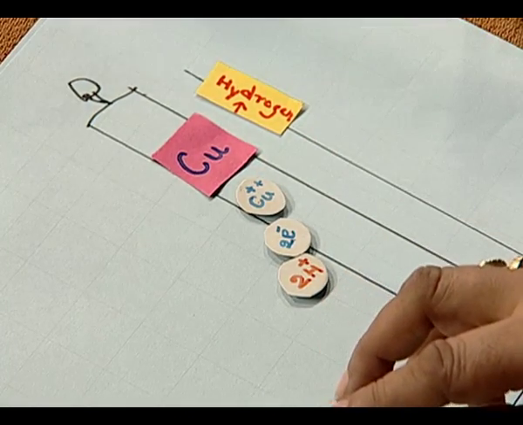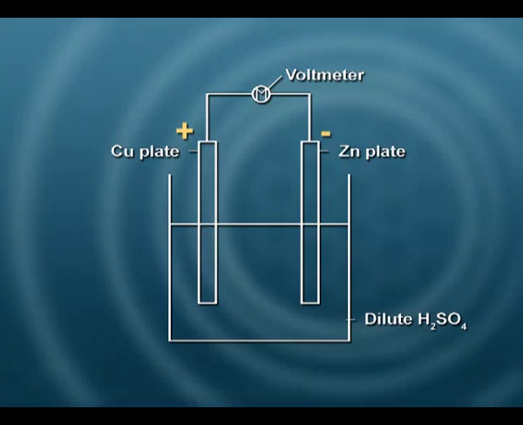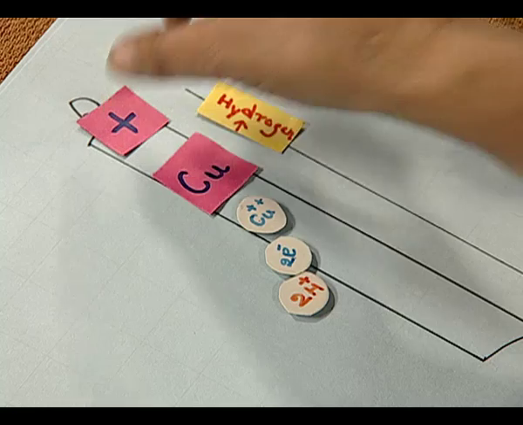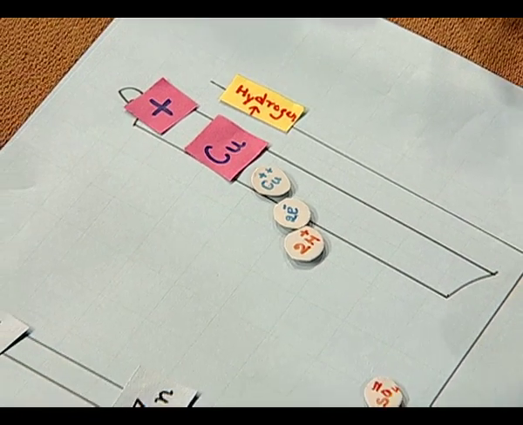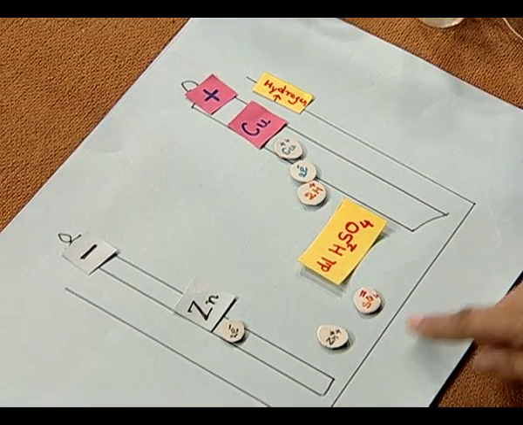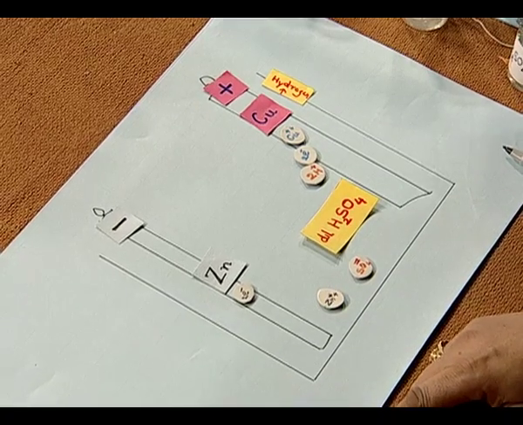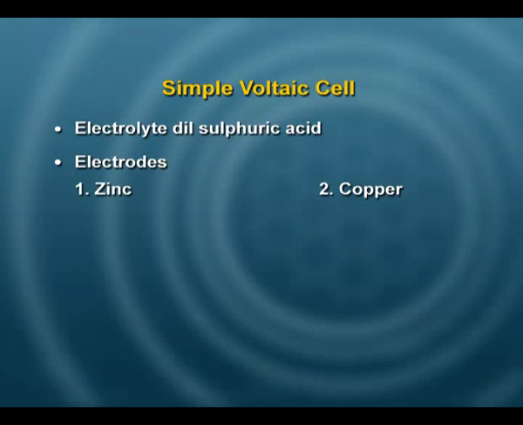So, the copper plate becomes positive and the zinc plate becomes negative, and we can see this is a very simple straightforward reaction inside this glass jar, creating a potential difference between these two.